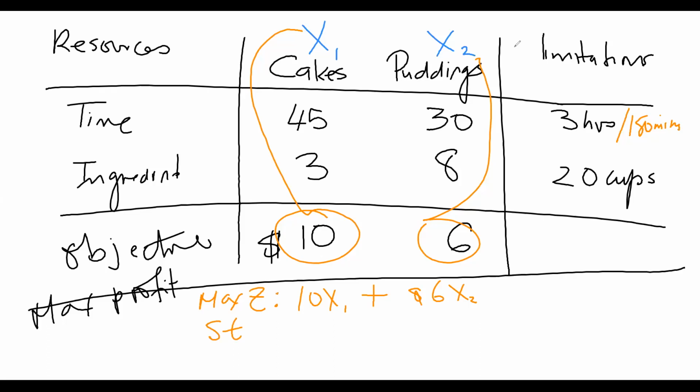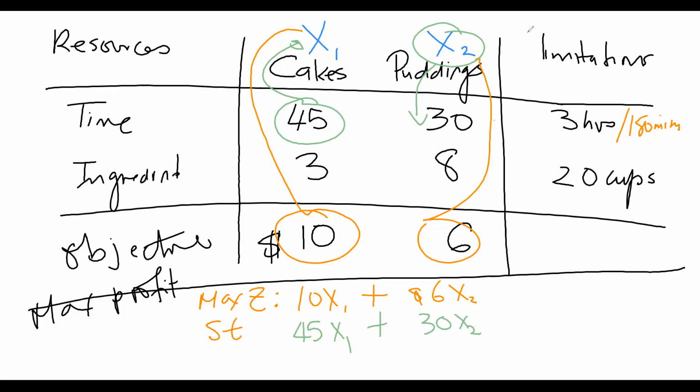So you are subject to now. For each cake you make, it takes 45 minutes. And for each pudding, it takes 30 minutes.